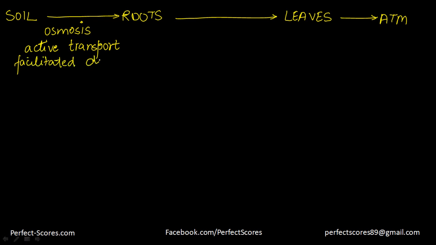Apart from that, sometimes there is facilitated diffusion of certain ions. So let me make a note of that: facilitated diffusion, and that takes place through potassium. And also we did one mutualistic relationship, which is between a fungus and a root. So fungal hyphae also help in transporting the minerals from the soil to the root. Then finally, from the root, how does everything get to the leaves? That is through the pull of transpiration.